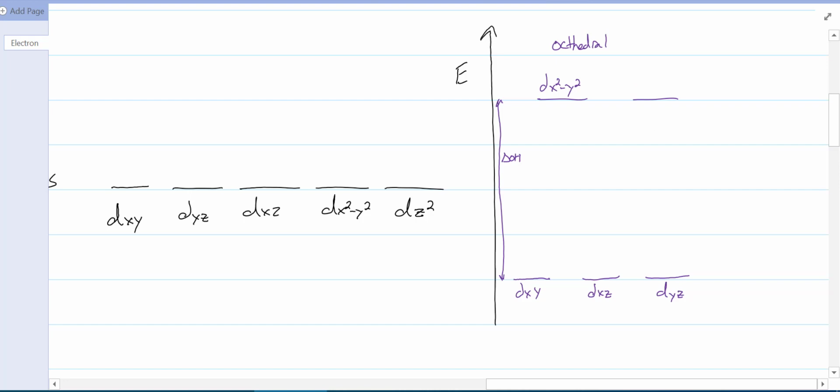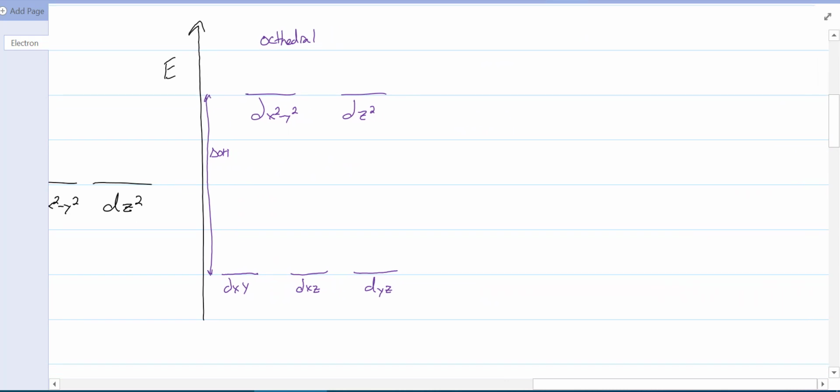I actually wanted to write those below. I'm sorry. Dx squared minus y squared, dz squared. All right. That's one. There's also tetrahedral. All right. Where this is kind of flipped.